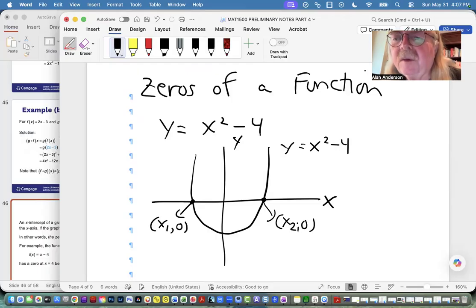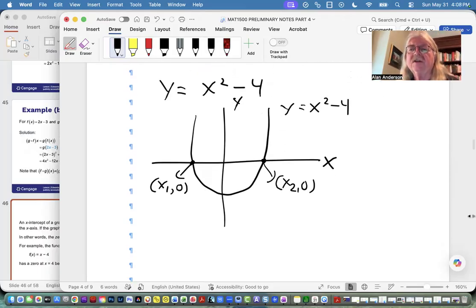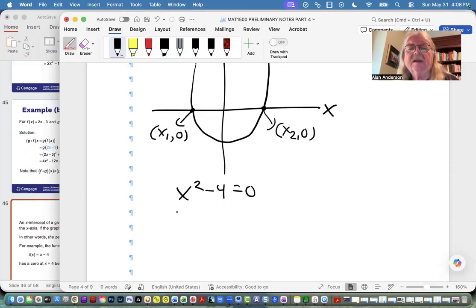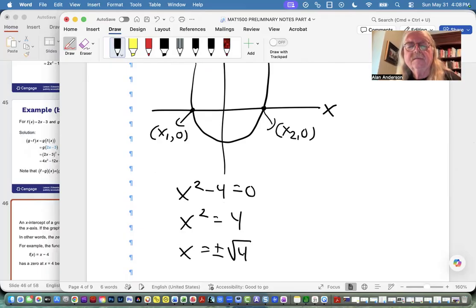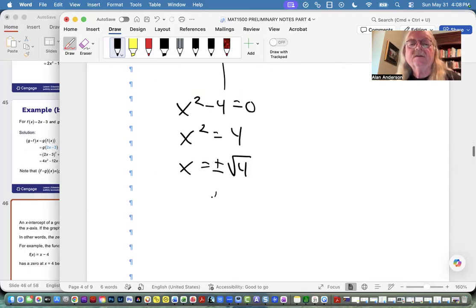And so how do we find them? Well, we set the function equal to 0. In this case, we'll have two solutions because it's a quadratic equation, but it's a particularly simple one. So we end up with x squared equals 4, and we end up ultimately with x equals plus or minus 2.